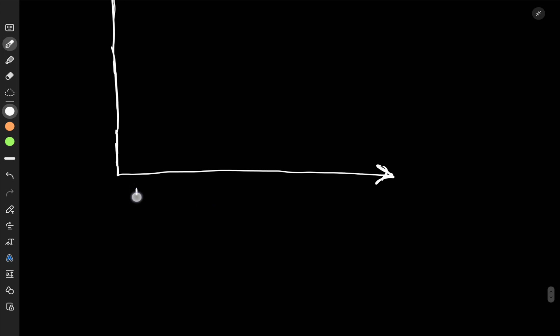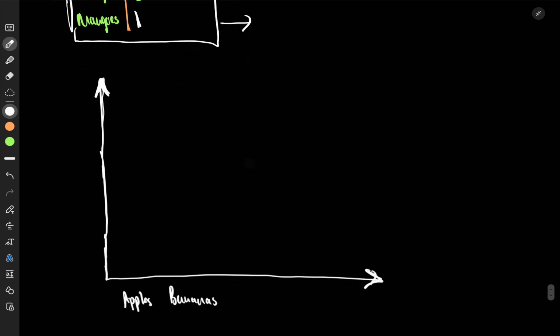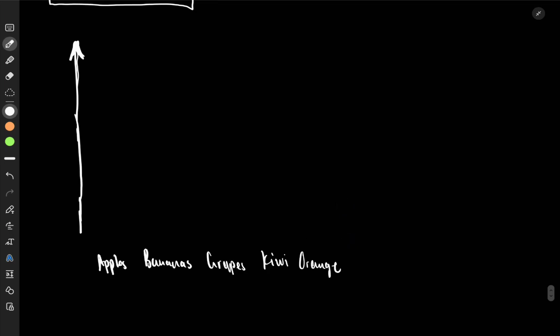First is going to be apples. Okay, then we're going to have bananas. Then we have grapes, then kiwi, then orange, then mangoes.